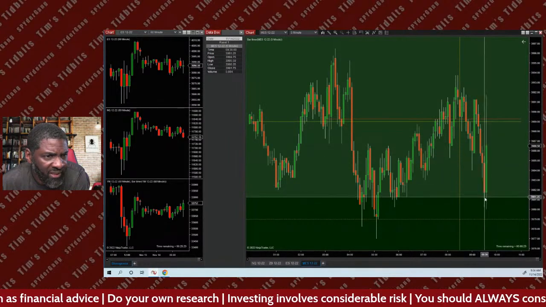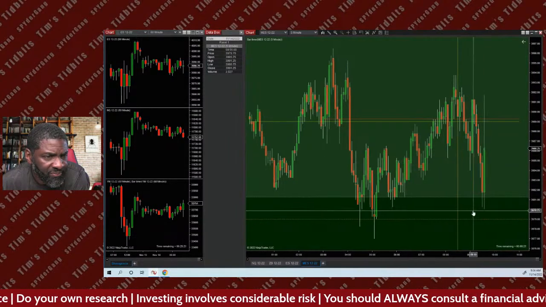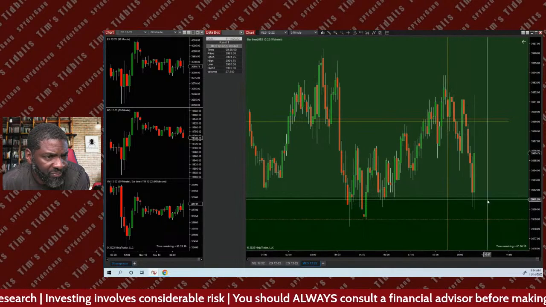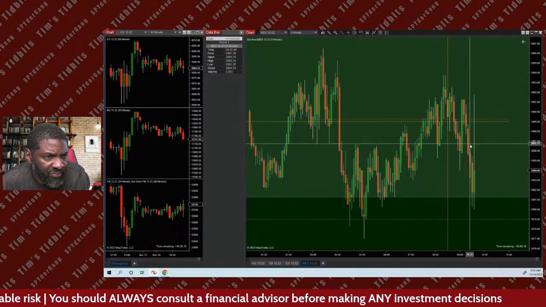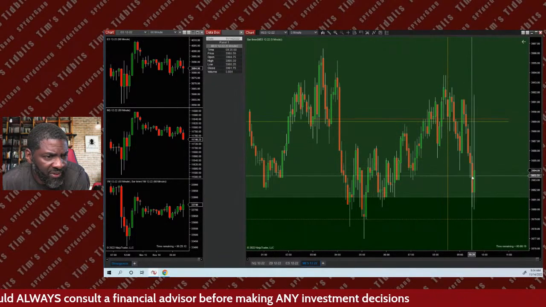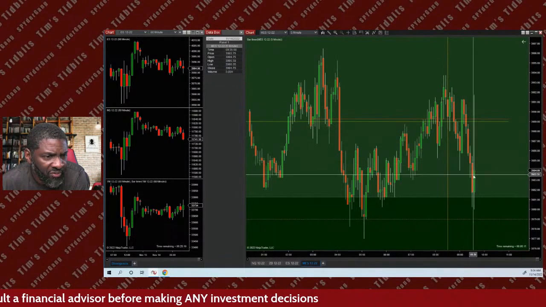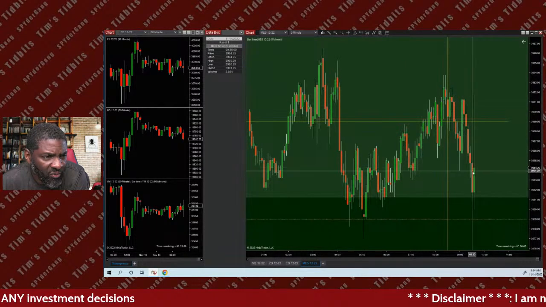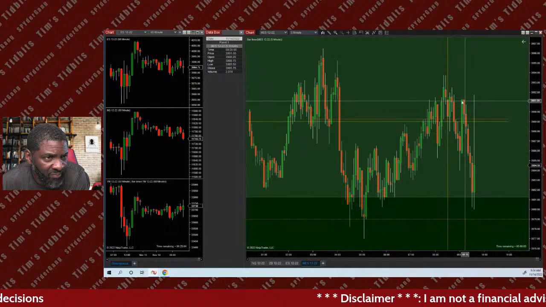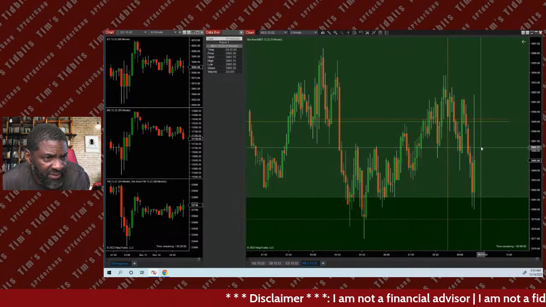Now we're wicking back down. Totally disrespected all of this right here. Cleared out this whole volume imbalance. I mean, liquidity void right here. We cleared out this whole liquidity void right here on the 5-minute and poked above those equal highs.